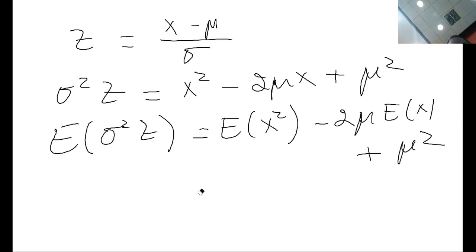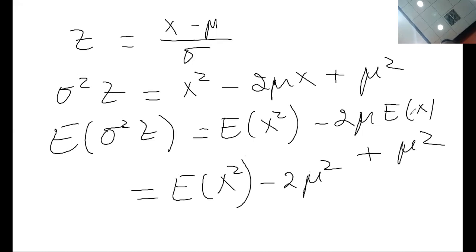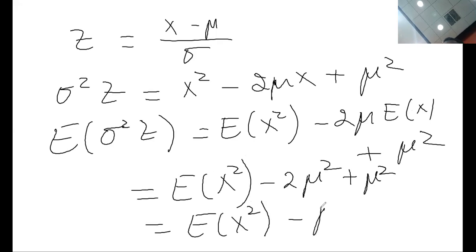Observe here that this is E of x squared minus 2 mu times mu, minus 2 mu squared, because E of x is mu, plus mu squared, which is E of x squared minus mu squared, which is sigma squared.